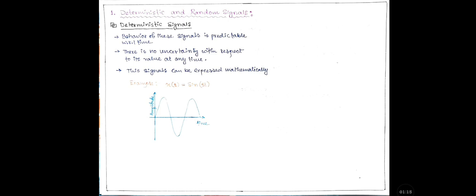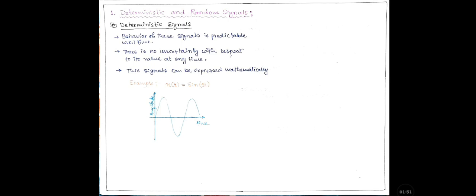Example: x(t) = sin 3t, a sinusoidal signal, and we can see the amplitude and time varying signal in this graph. This is not uncertain and it's predictable, as we can see.